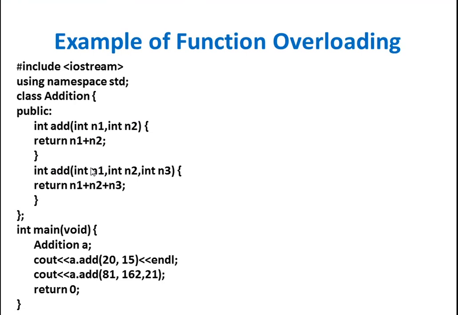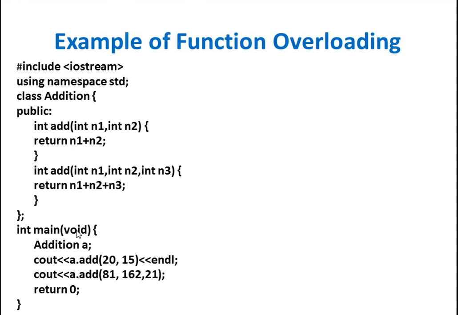If you see here n1, n2 and n3, it means we are passing three integer parameters, whereas the earlier one has only two parameters. The name of the function is the same, that is what is called function overloading, but with different parameters your compiler recognizes these as two different functions, and this function returns n1 plus n2 plus n3.